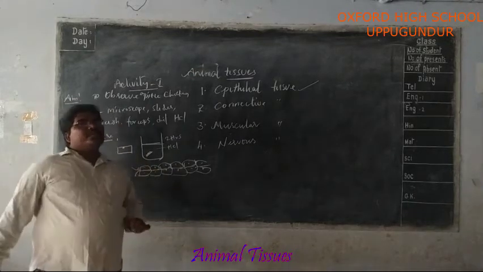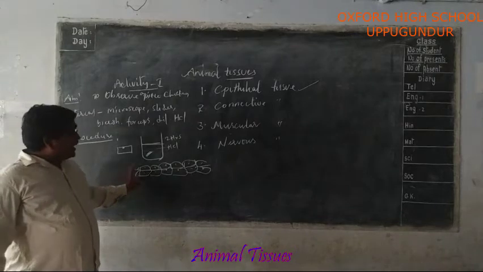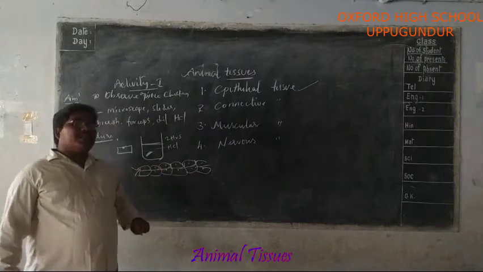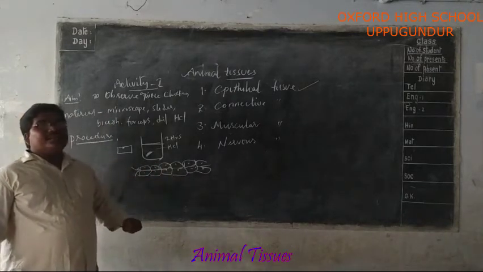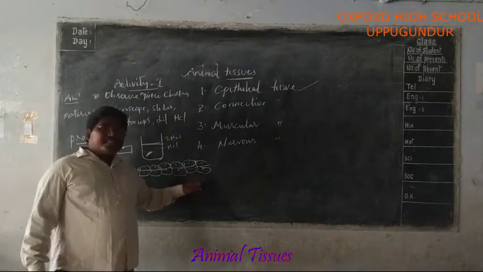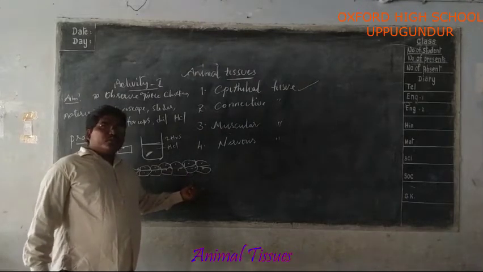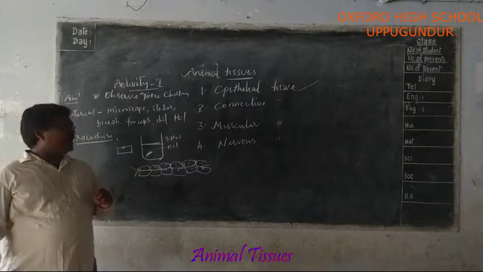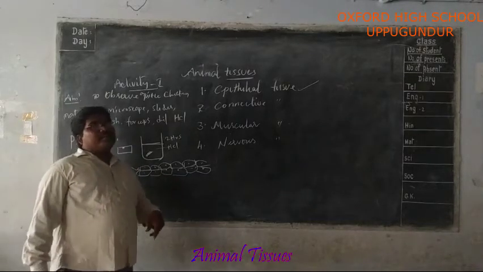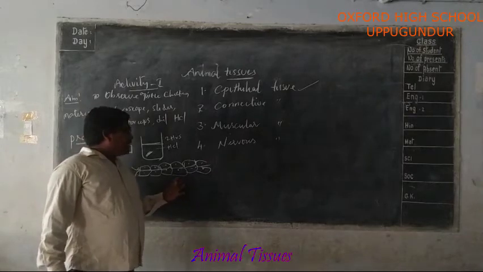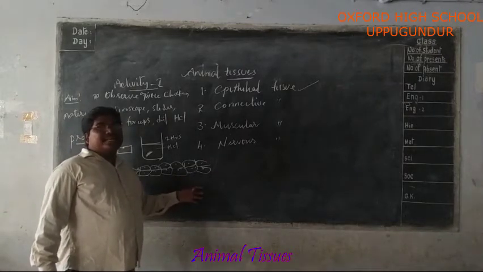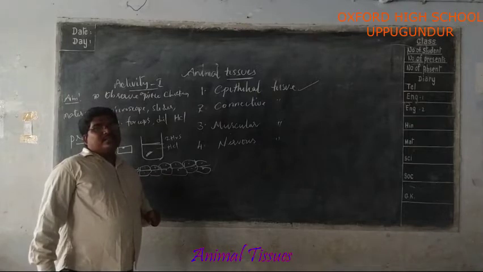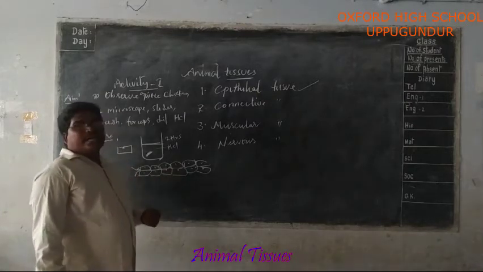Are all the cells similar in structure? Or how are they looking? Is there any intercellular space among them? Students, follow your textbooks and see your diagram. Is there any similarity among them? Are all compactly arranged? Is there any intercellular space? Questions like that are there.